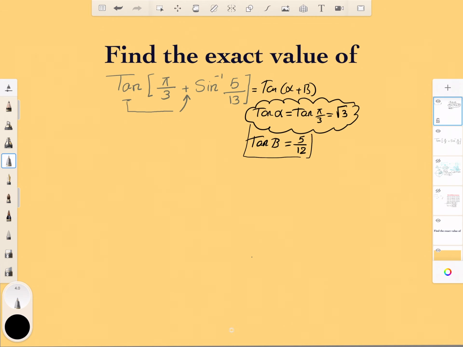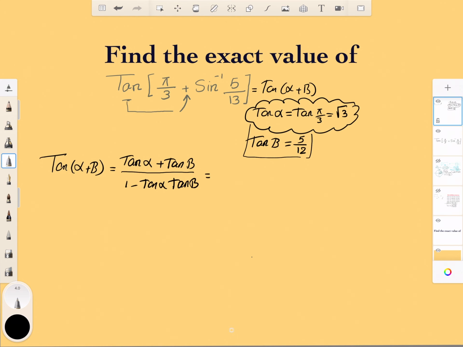So now we're going to substitute: tangent of alpha plus beta equals tangent alpha plus tangent beta over 1 minus tangent alpha tangent beta.